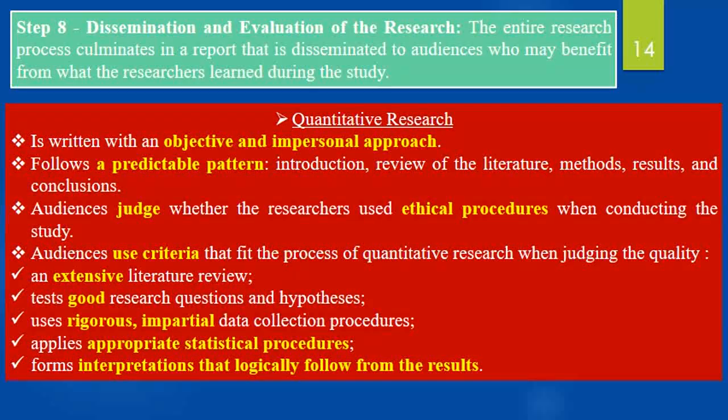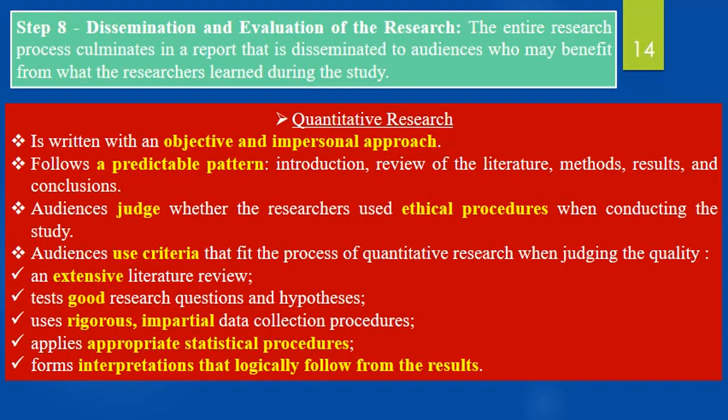The overall format for a report of a quantitative study follows a predictable pattern. There are basically introduction, review of literature, methods, results, and conclusions parts in a quantitative research report.